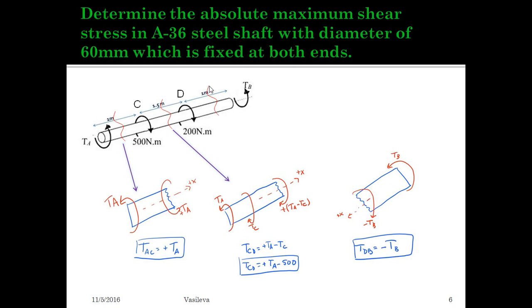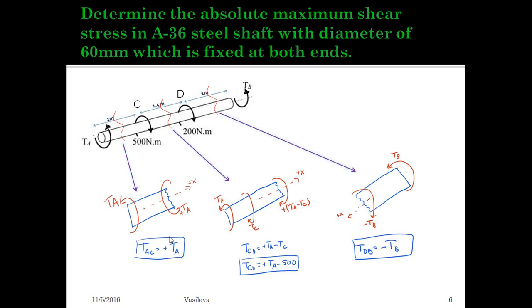For the last section, I cut here, and I choose to look at everything to the right. I have a TB going this way, so I need something to balance it out, another TB going this way. But in this case, when I point my thumb outward in the positive X direction and curl my fingers, the positive convention is actually this way, so this is going to be negative TB.